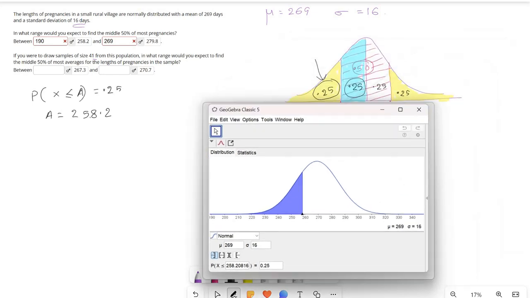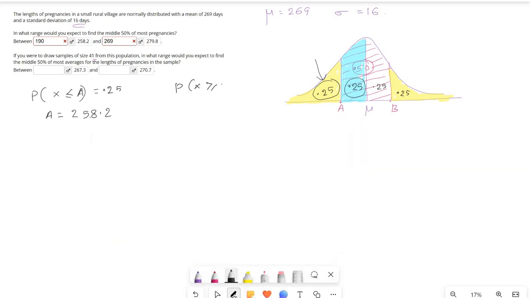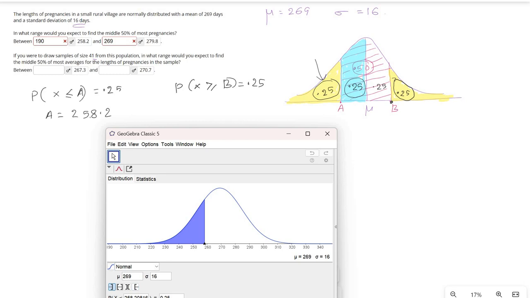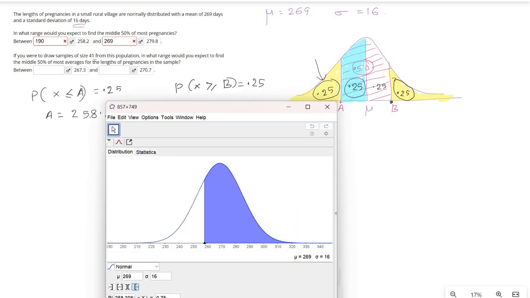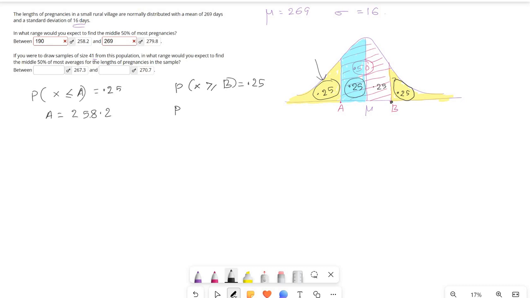Now, to find B, we move on to the upper tail. The probability of X greater than or equal to B is 0.25, which is this area. We input that in GeoGebra and pick the last option. It gives 279.79, which we can round to 279.8.